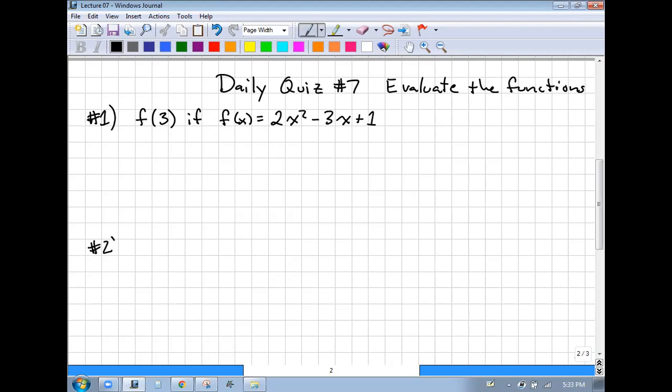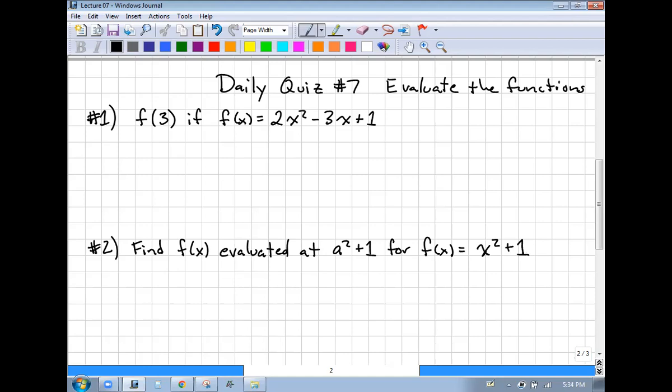And number 2, I'll write it in a different way. Find f of x evaluated at a squared plus 1, where f of x equals x squared plus 1.